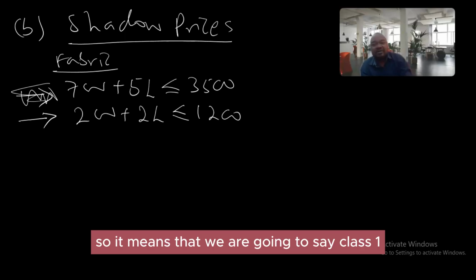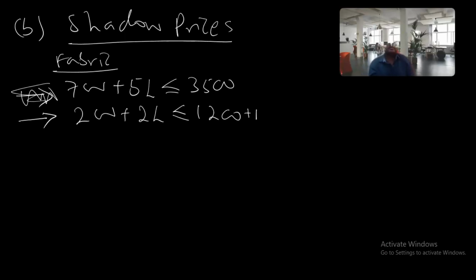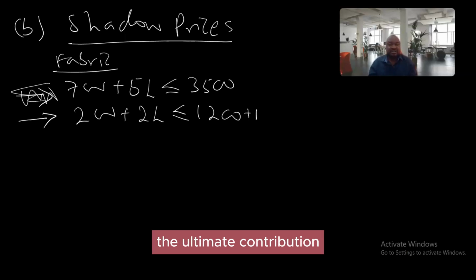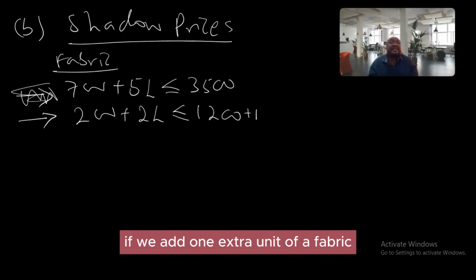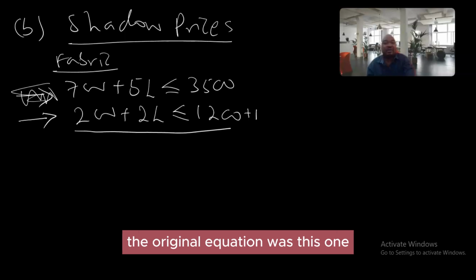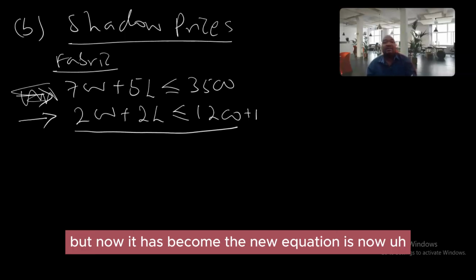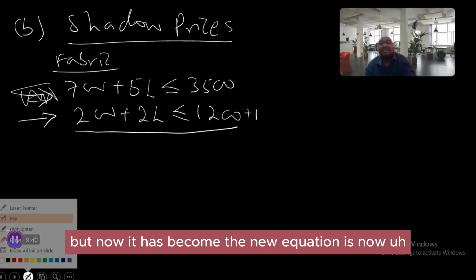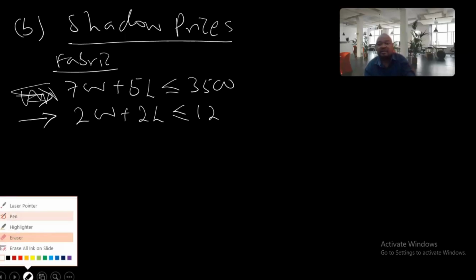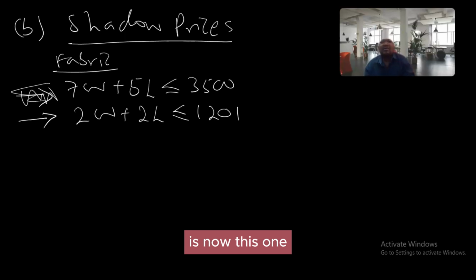We are going to say plus 1, because we want to see what will happen to the ultimate contribution. Is the 26,000 going to change if we add 1 extra unit of fabric? The original equation has become the new equation, this one.